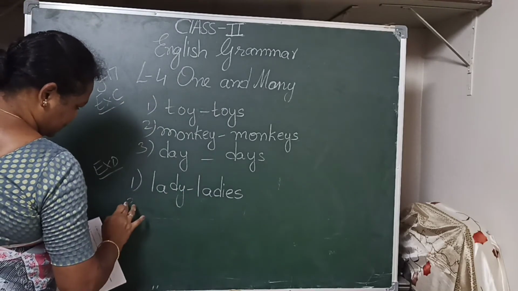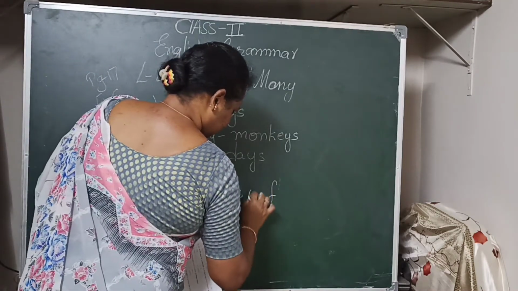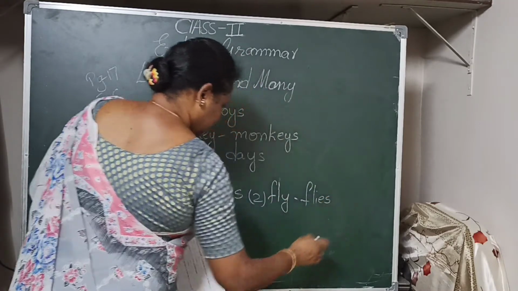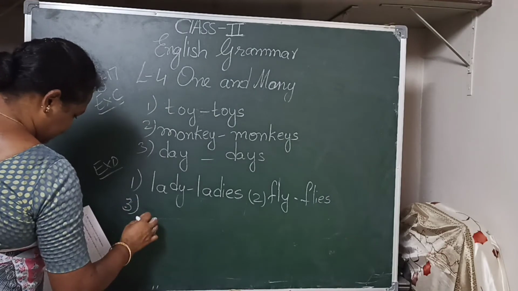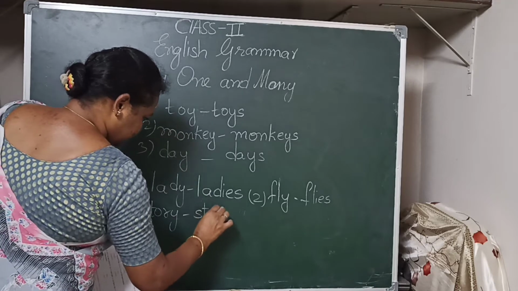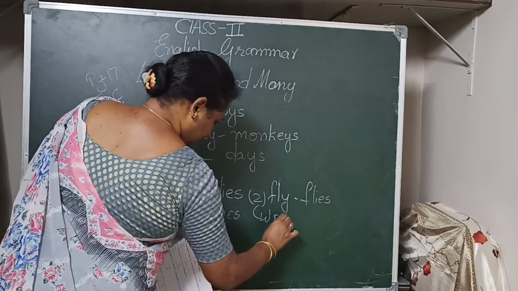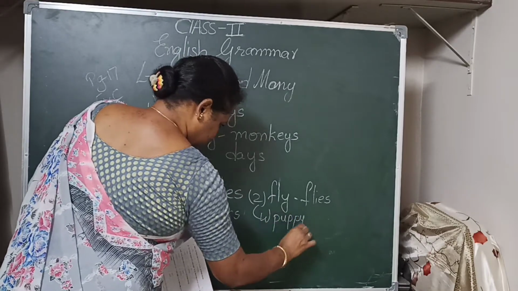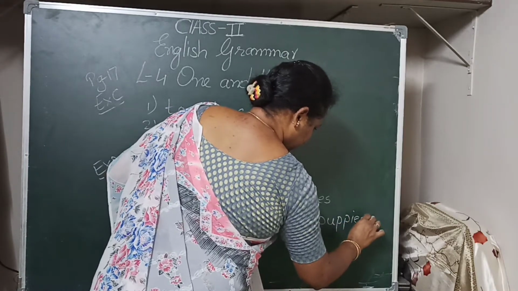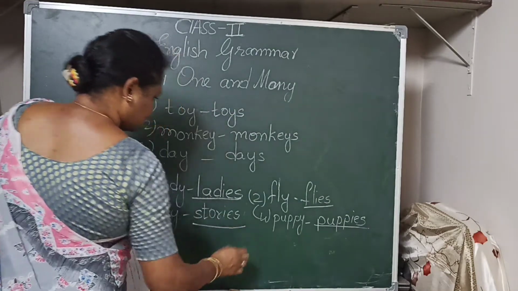Second one, fly, flies. Third one, story, stories. Puppy, puppies. Copy it down, children.